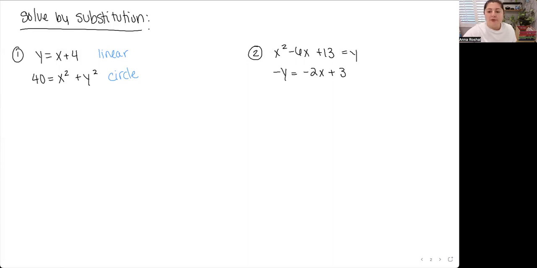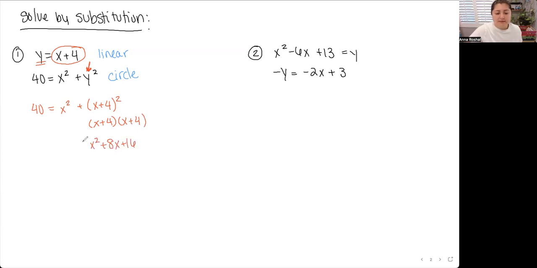So with substitution, what we're saying is, hey, y is here. I'm going to replace y with all of this in this particular example. So I'm going to end up with 40 equals x squared plus (x plus 4) squared. So we know that when this is squared, we're saying I have x plus 4 and another x plus 4. So I'm going to end up with x squared plus 8x plus 16.